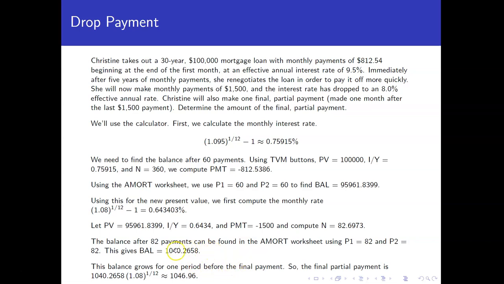Notice it says she's going to make one final partial payment. This is not it. It's 1 month after. So this balance of $1,040 has to get moved forward 1 month to get a final drop payment of $1,046.96 to be paid.